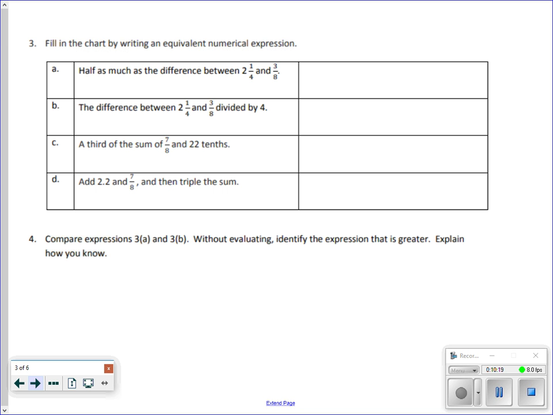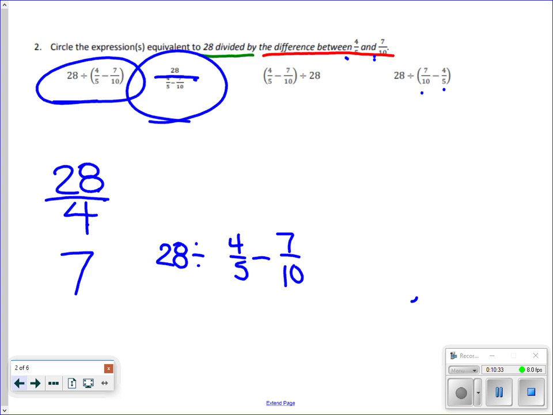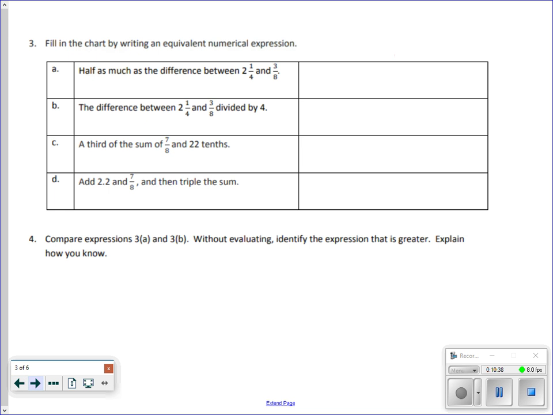Fill in the chart by writing an equivalent numerical expression. It's not asking you to solve it, it's just asking you to write the number sentence. Just like here, the expression, they want you to write the expression. Okay.